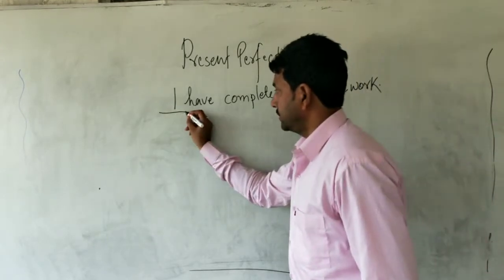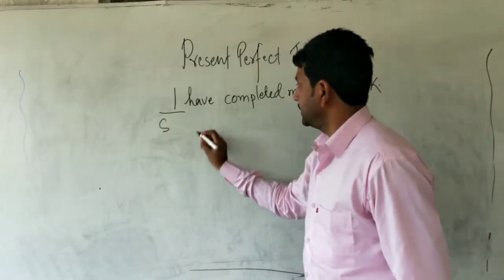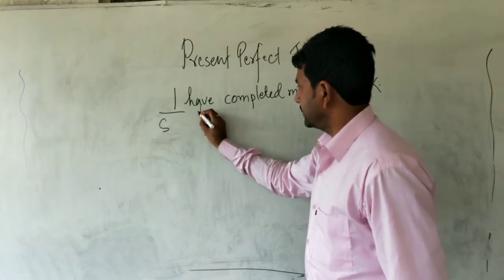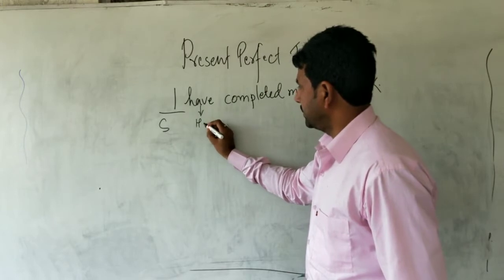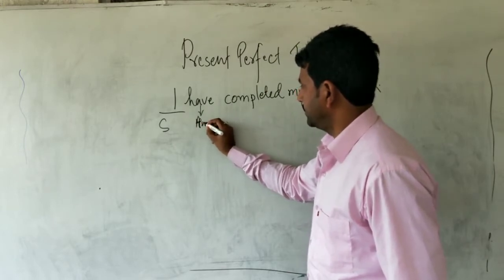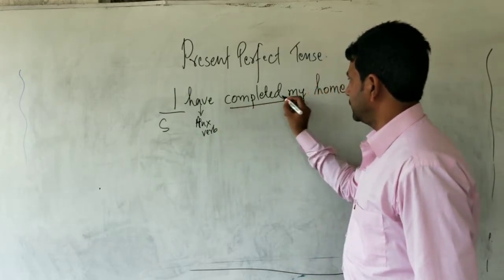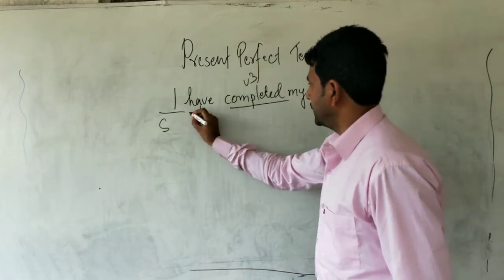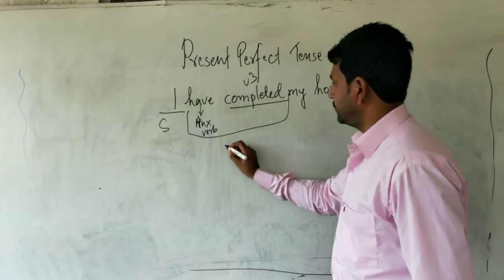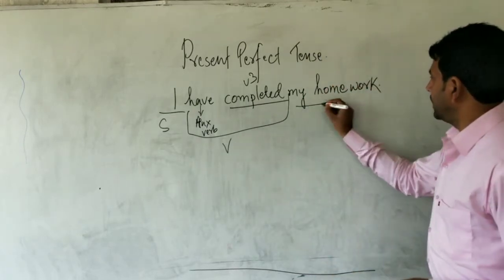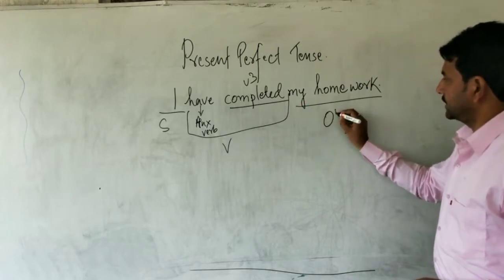This is the subject. This is the helping or auxiliary verb. This is V3. Together, they are the verb for present perfect tense. My homework is the object.